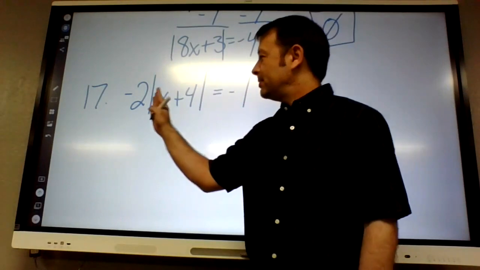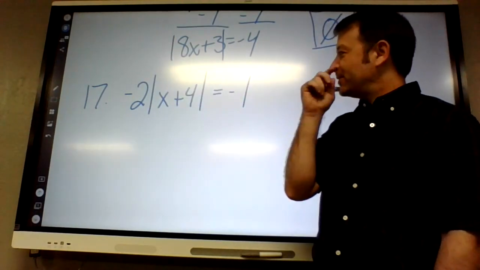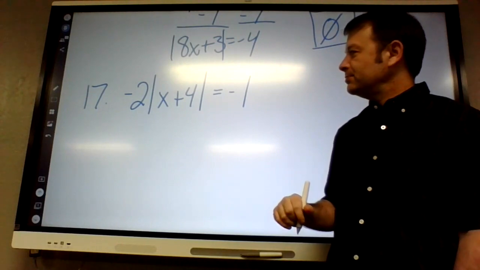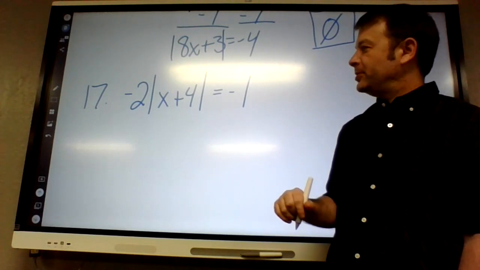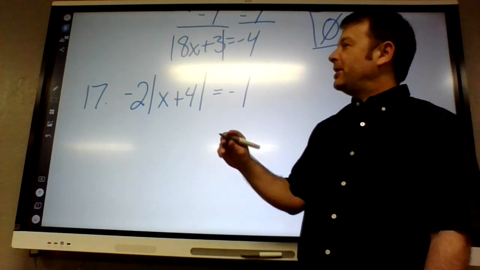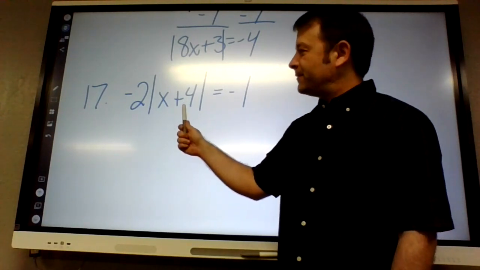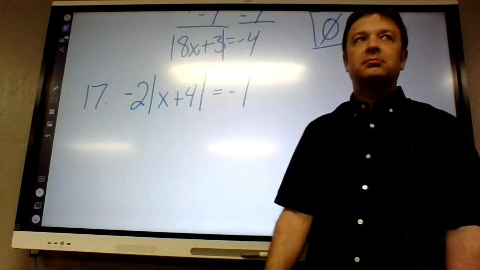Anyways, moving on. Forrest, what should we do first on this one? What do we do first? Okay, we want to get the absolute value by itself first. So how do I get rid of this -2? Can you divide it?